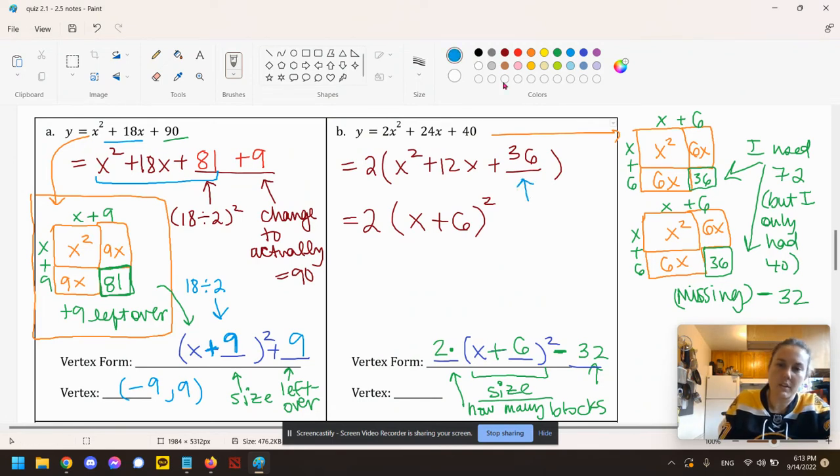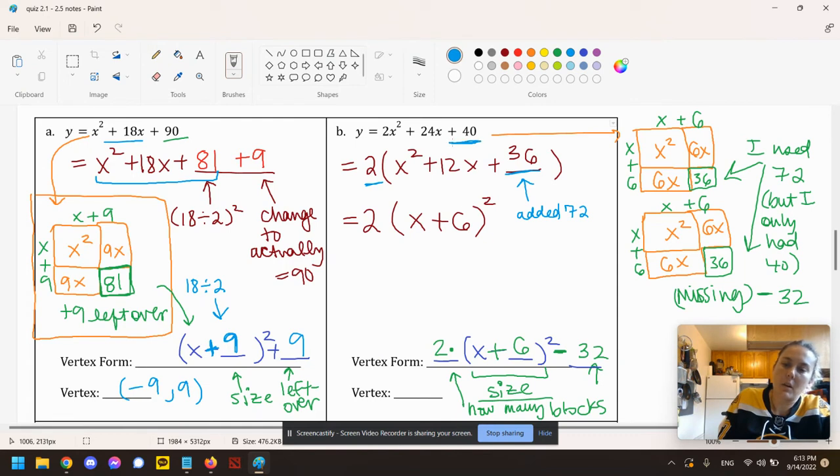When I added in a 36 here, I'm technically multiplying it by 2. So these two things together mean I've added 72, because 36 times 2 is 72.